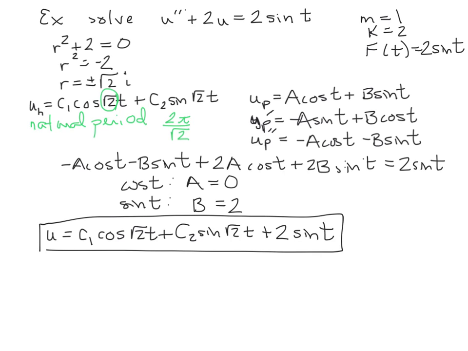On the other hand, we have this 1 right here, and so the period of the forcing function is 2 pi divided by 1, so it's 2 pi. That repeats every 2 pi.